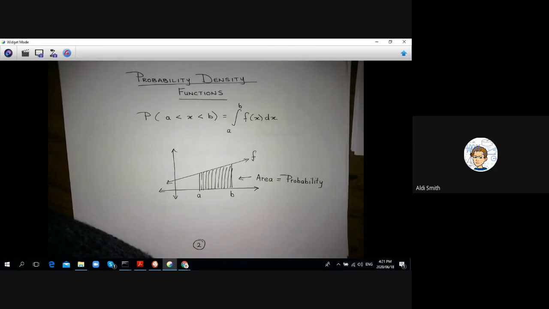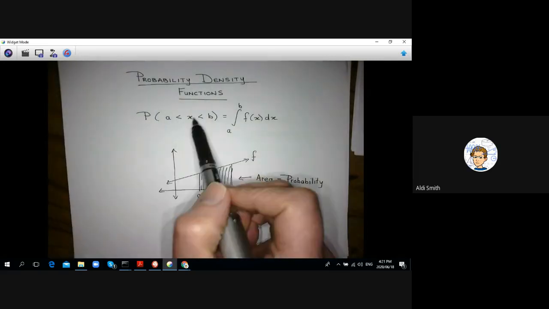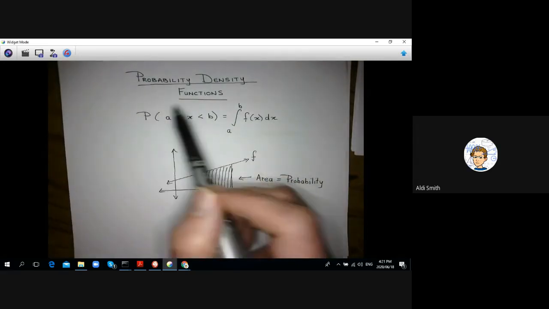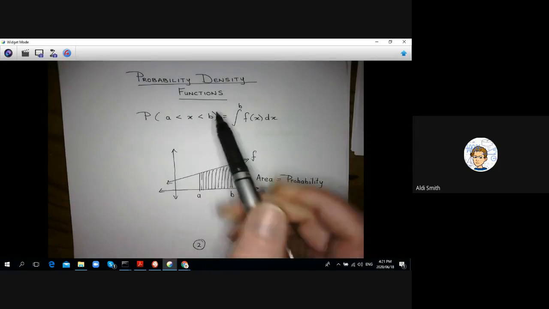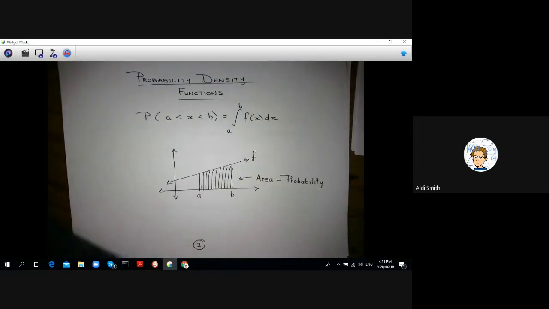Here they would say something like, for instance, this function represents people's income. So what is the probability that an income lies between? And it's always going to be between 2 values because this is going to be a continuous random variable.